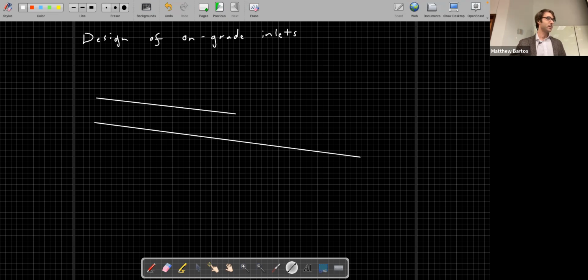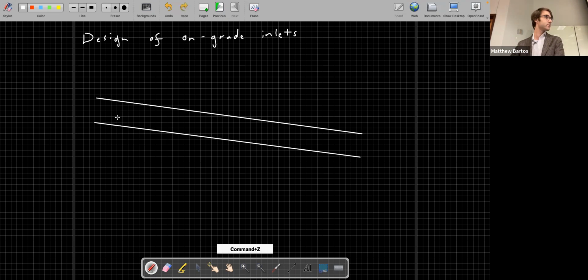And we have our curb here. And let's say we have just a couple of different inlets along this curb. Let's draw an inlet here. I'll just draw it below the surface there. And we have another inlet here.